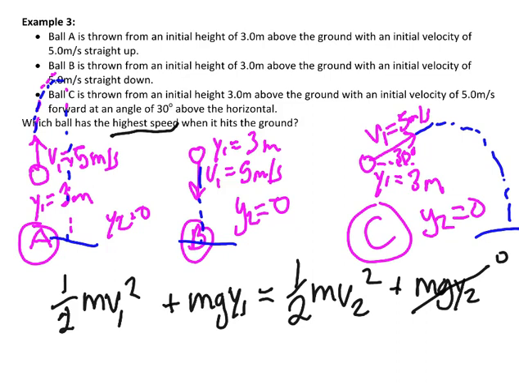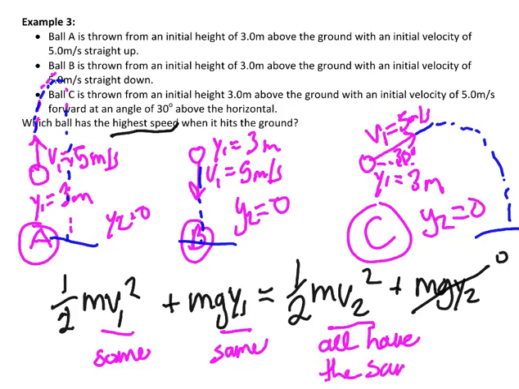And then if I look on this side here, all three of these balls start with 5 meters per second for their v1. So they all have the same v1. They also all start from the same height. So they all start from 3 meters above the ground, which means they all have the same v2. So they all have to hit the ground with the exact same speed.